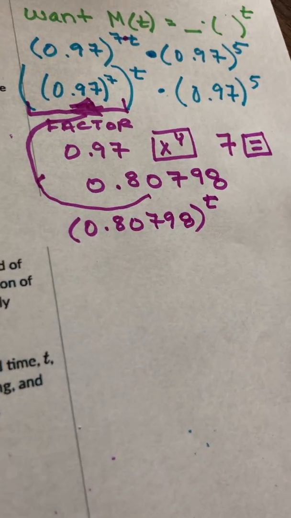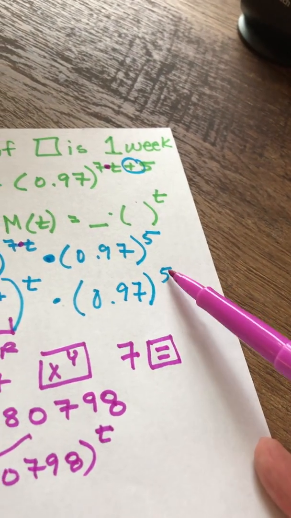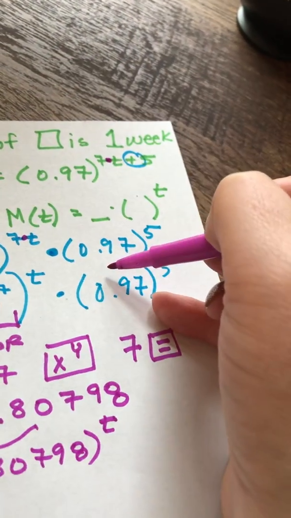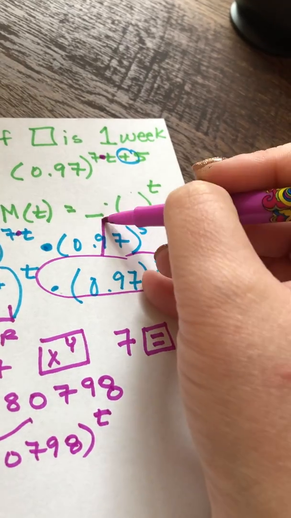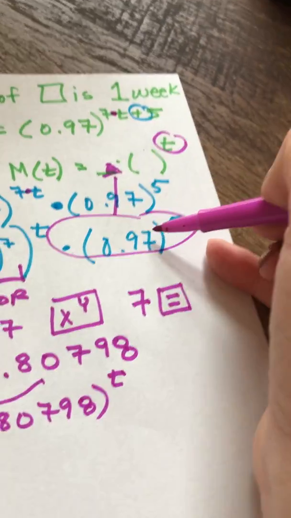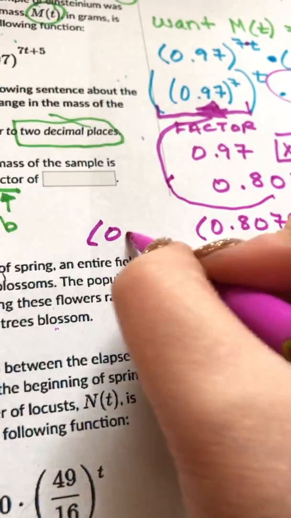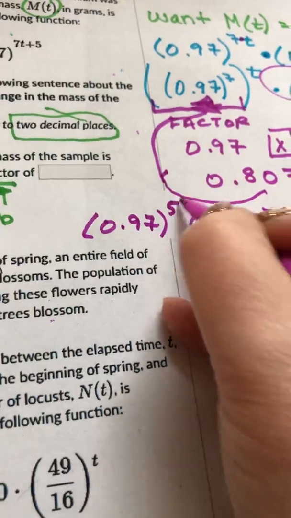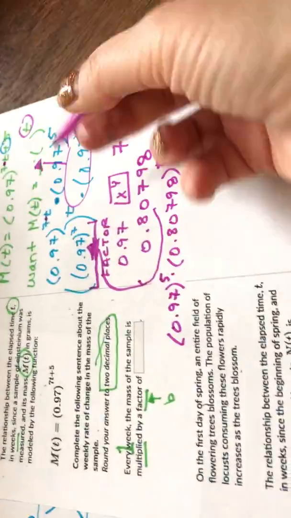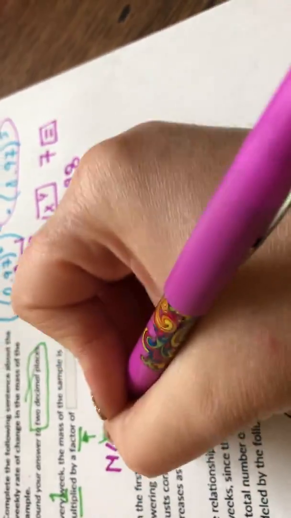And then remember on the last problem, I took the term with the number exponent and put it in the front because it does not have that naked t exponent. So I'm going to put it in the front. Okay, good. And now this is equal to m of t.